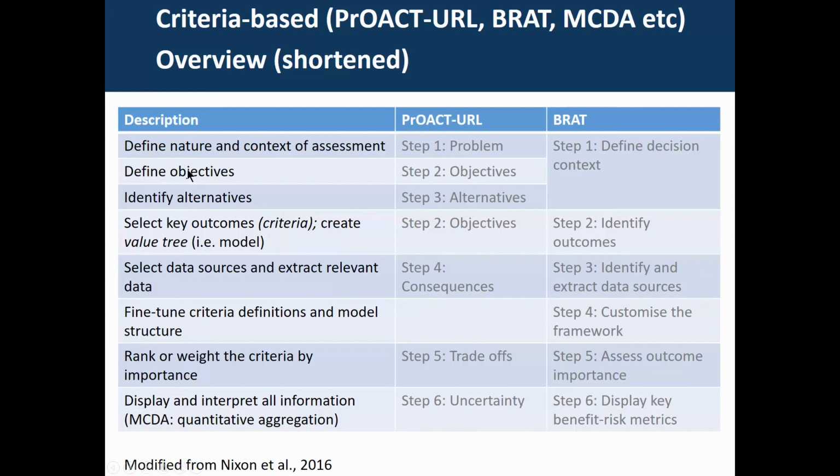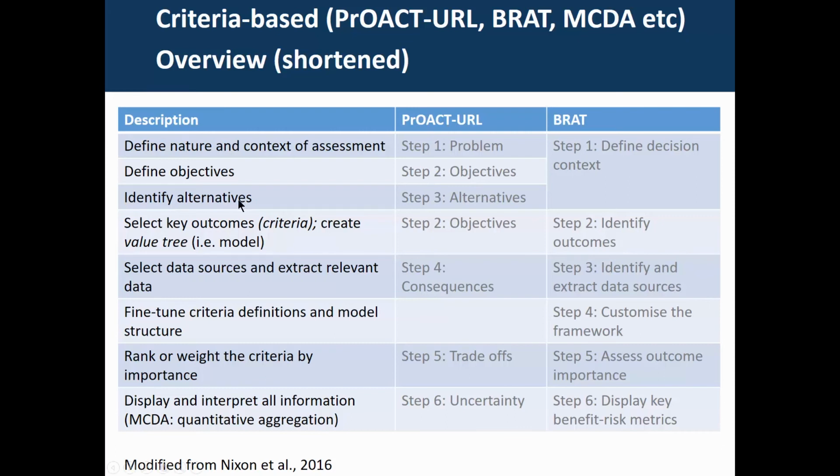And then comes the step of defining the objectives, and that includes questions like why is the assessment performed? In other words, what kind of decision is to be made? Is it a licensing decision? Is it a clinical decision? Etc.